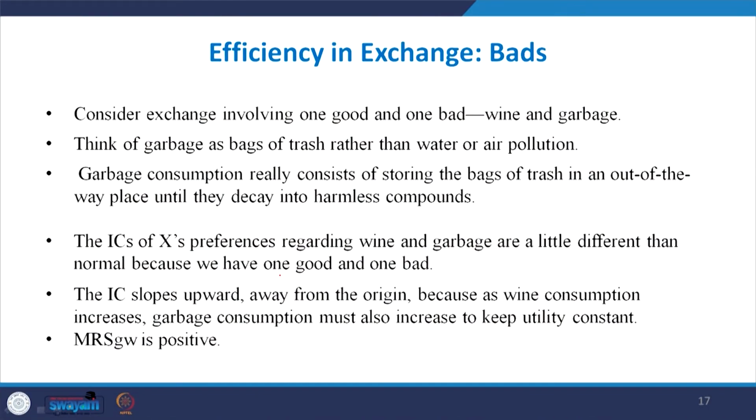In this case, the indifference curve will have a positive slope, or be upward sloping, because to keep utility constant, if you consume more of the good product, you have to consume more of the bad product. So, if more wine is consumed, more garbage will be consumed in order to keep utility constant. But here consumption of garbage does not mean the consumer is directly consuming the garbage; it means the consumer is taking the garbage and safely disposing of it.